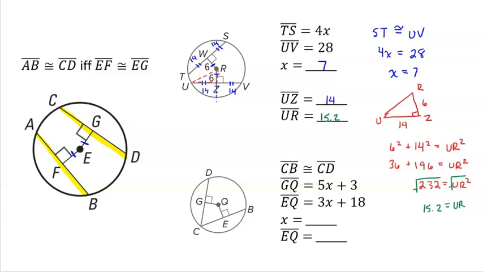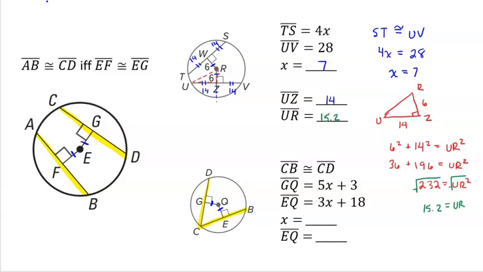Okay, and then looking at our next one, they're telling us that CB and CD are congruent, GQ is equal to 5x plus 3, and EQ is also going to be congruent, and that's going to be 3x plus 18.